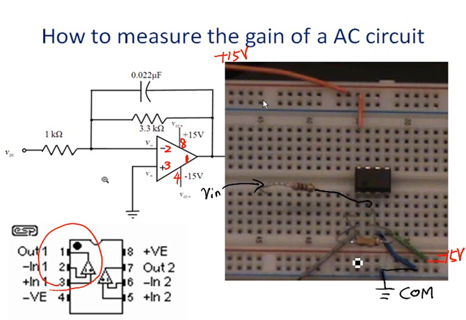We have a capacitor between pin 1 and 2. And we have a 3.3 kilo ohm resistor between pin 1 and 2. It is not very clear in this picture, but actually the resistor is underneath the capacitor.